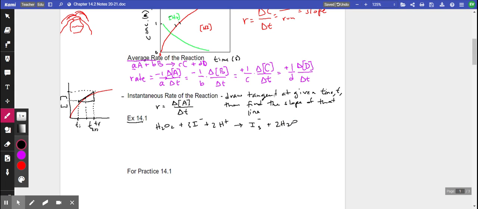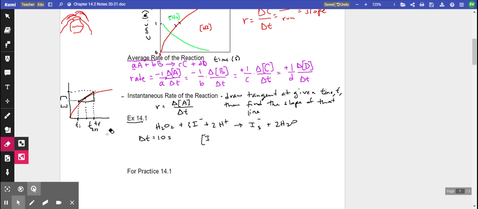So that is our reaction. It says in the first 10 seconds of the reaction, so delta T is the first 10 seconds, from 0 to 10 is 10 seconds. The concentration of I2, oh, I'm so sorry. I don't know why I said 2. It's I minus.